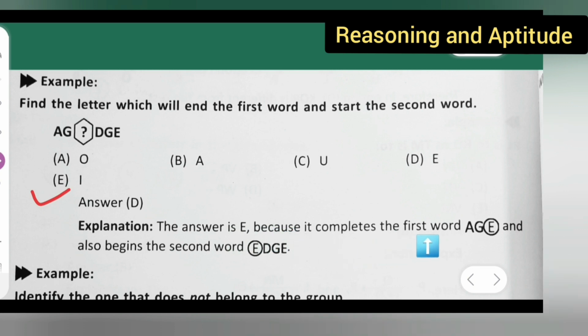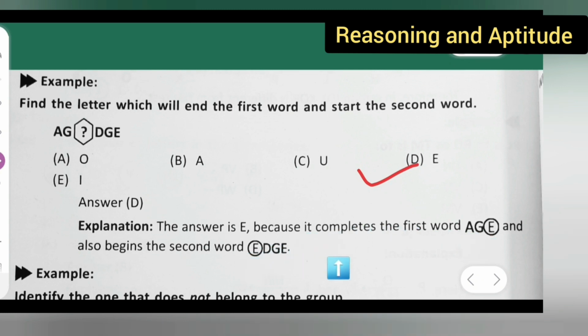Because it completes the first word, H, AGE, and also begins the second word with E. So option D is the correct option, because it ends the word with E and starts the word with H.